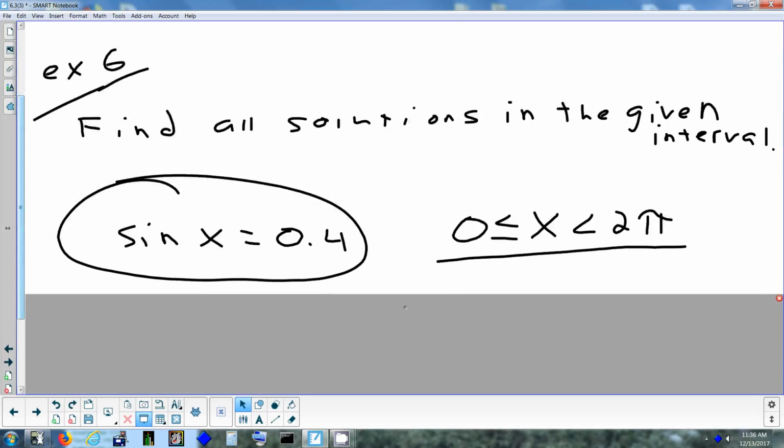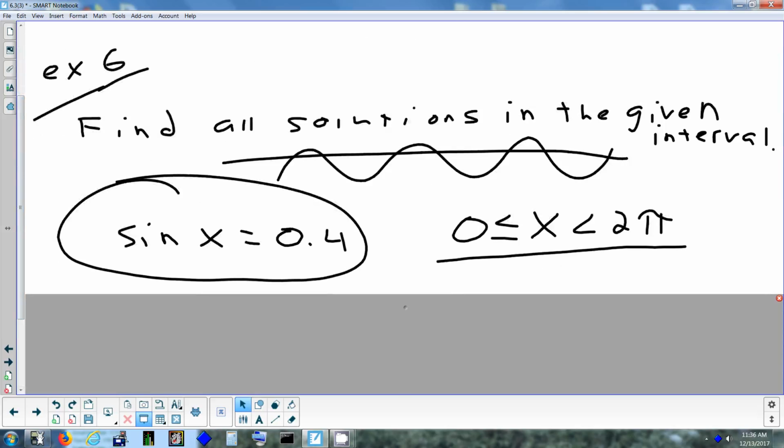Because when we graph this, you're going to get a wave, and you're going to get a horizontal line. How many times does a sine wave and a horizontal line cross? Infinite. There's an infinite amount of answers to this problem. They're telling me only give the answers that are between 0 and 6.28.